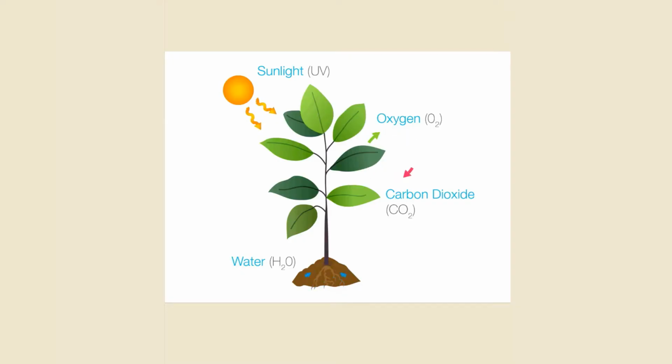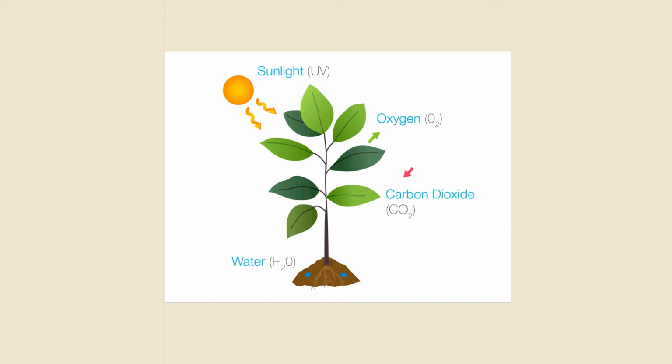To answer that question, we can see from this diagram that the sun is radiating its light onto the plant. And at the same time, the plant leaves take in carbon dioxide through a structure called stomata. And also, the root takes in the water and transports it into the leaf. After that, the photosynthesis process will occur.